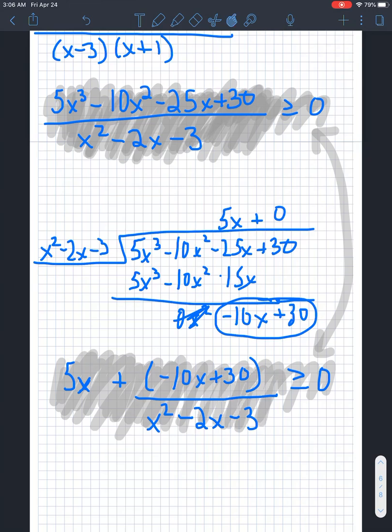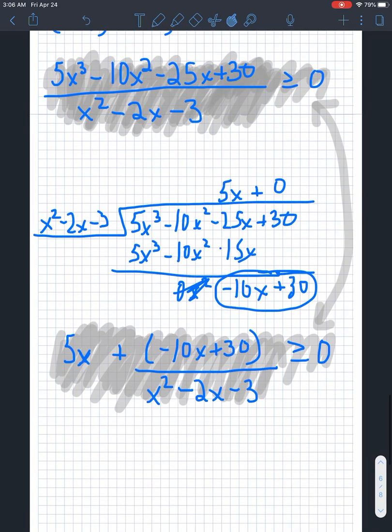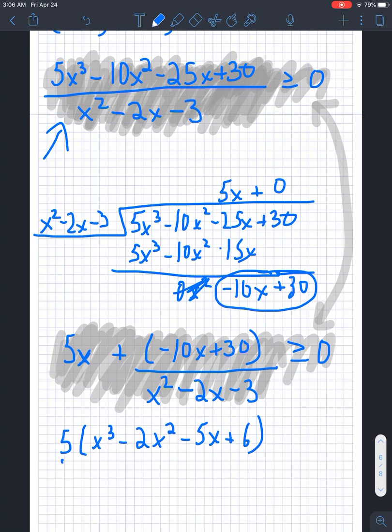Okay, so we're going to keep going and get rid of a 5 from the form up here. The 5 factors out: x cubed minus 2x squared minus 5x plus 6, all over (x minus 3)(x plus 1), greater or equal to 0.